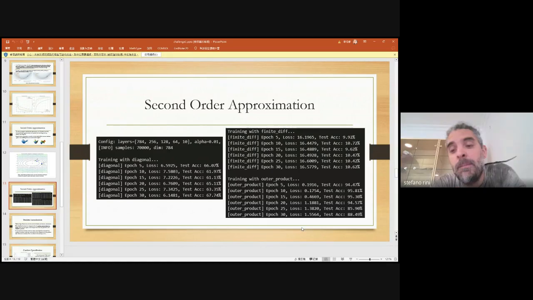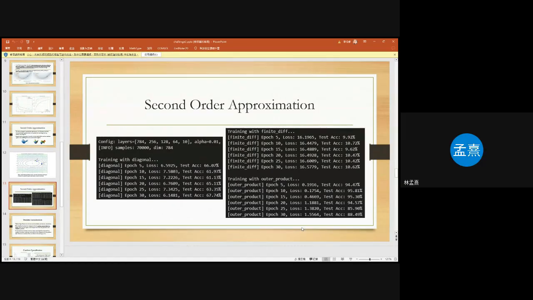And so you implemented this in NumPy, right? Yeah, and we don't know why it never works. So, okay. The outer product can work, but it didn't really go to a lower loss. The loss didn't decrease.